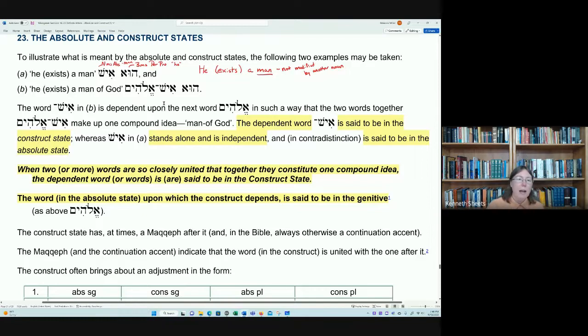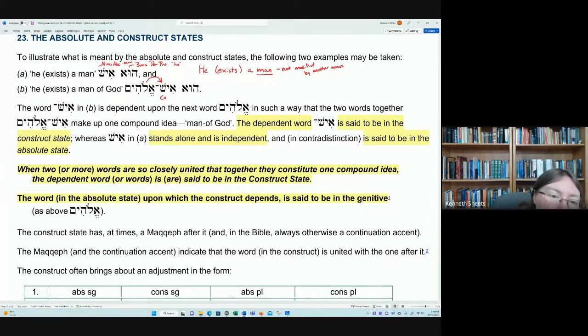So notice here, I have that same third masculine singular personal pronoun here, hu, but we've added a word here. So we have ish, and then we have Elohim, where in this instance, Elohim is in fact modifying the noun ish.